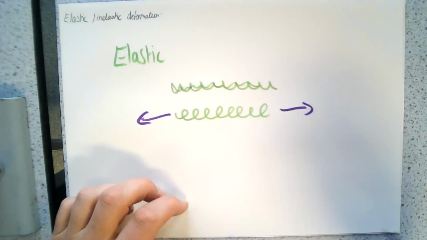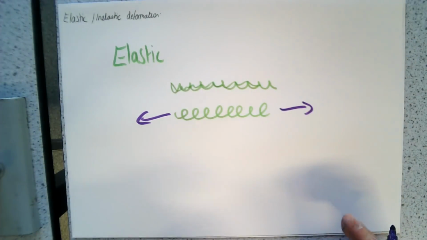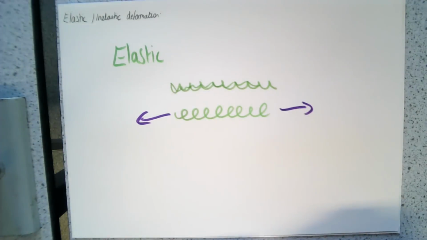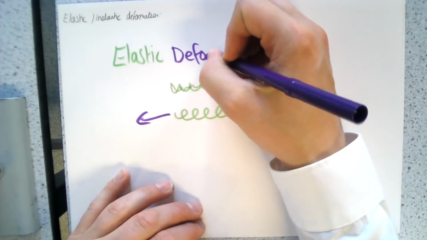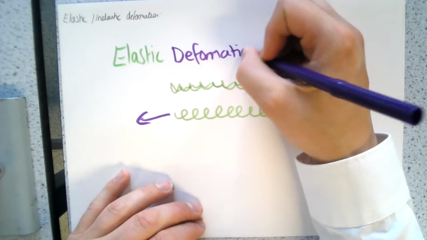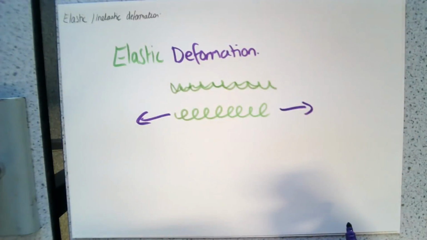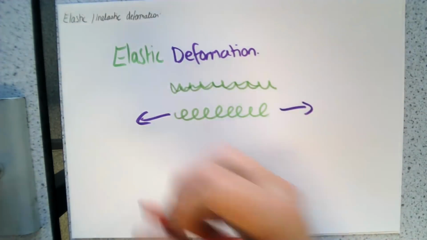It will stretch, but when you remove the forces, it will turn back to its original shape and size. That's what we call elastic behavior or elastic deformation. So if something deforms elastically, when the force is removed, it will return back to its original size and shape. The other option is inelastic deformation.